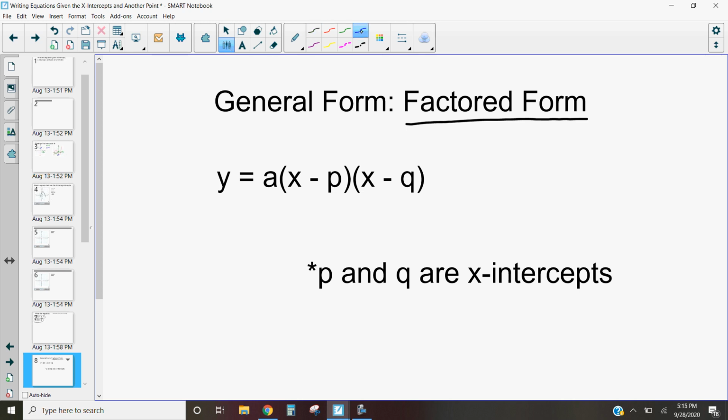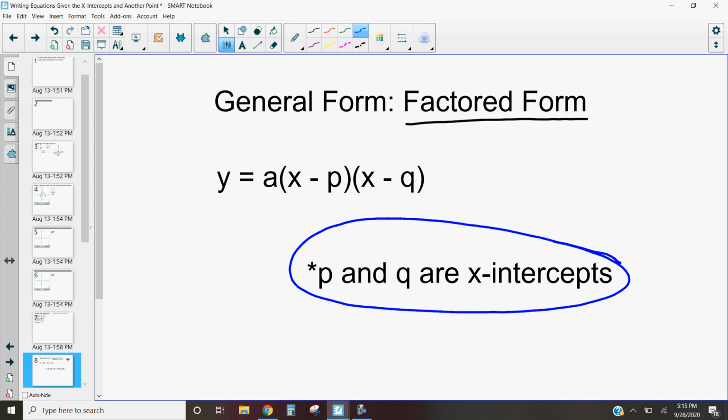And the key thing of why we want to use factored form is that p and q are actually our x-intercepts on our quadratic. So using those x-intercepts, we can solve for a, and we can use that other point, just like we did in the previous lesson where we were given the vertex. When we were given the vertex, we used vertex form. When we're given the x-intercepts, factored form is based on those x-intercepts. So we can use them to write this quadratic.